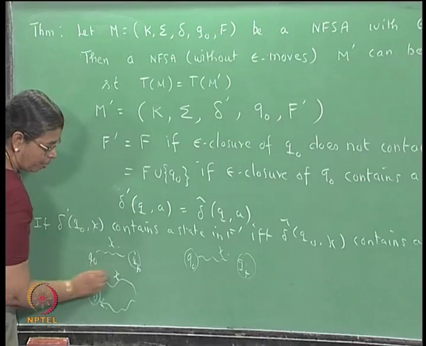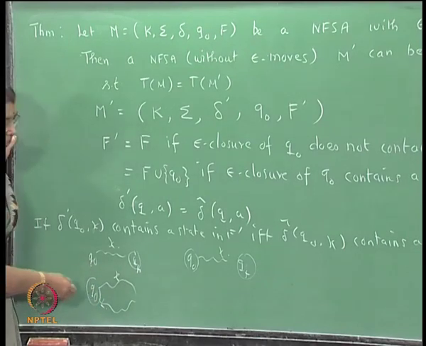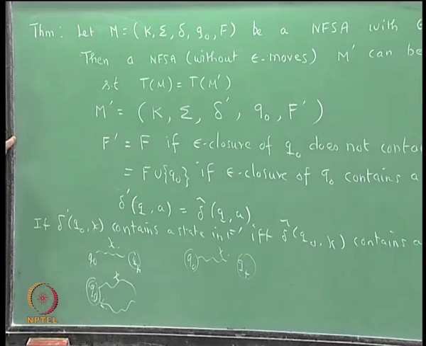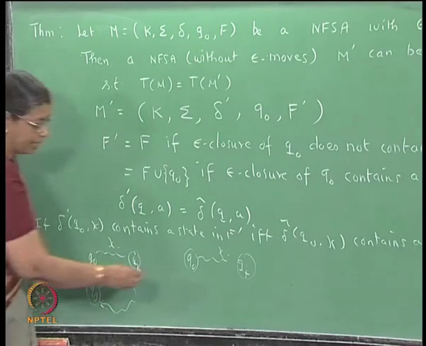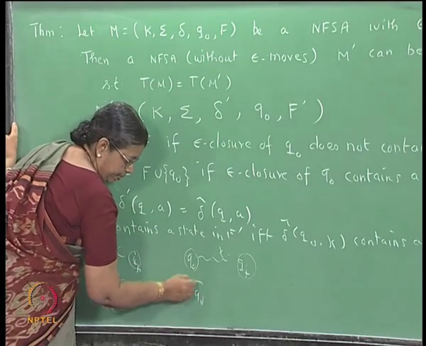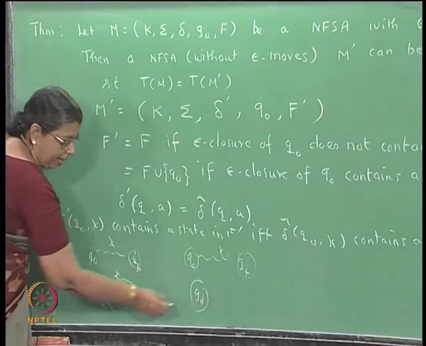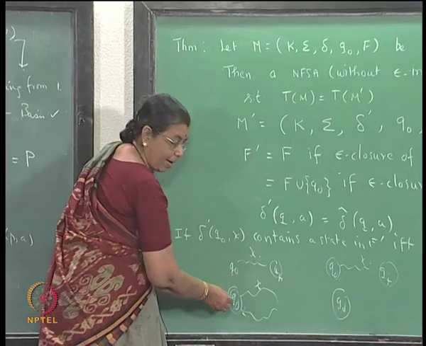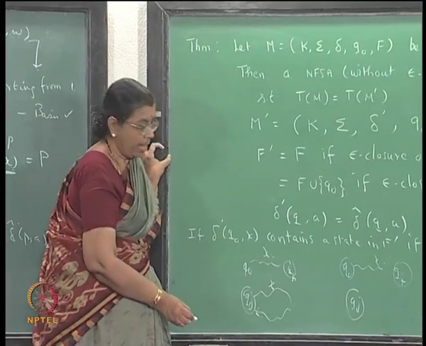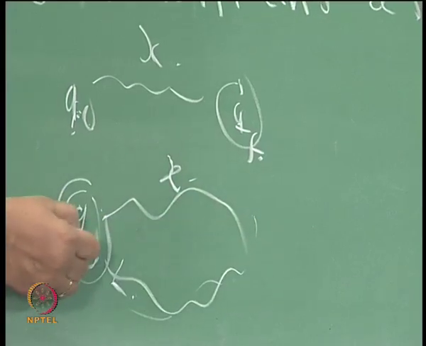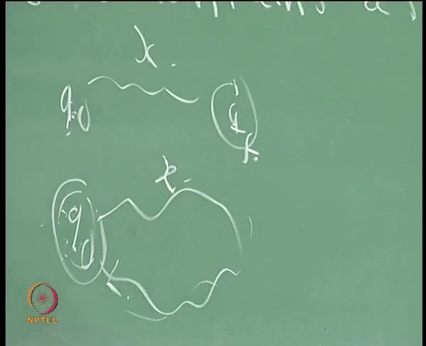The one difference is in this, if you accept a string x starting from q naught by going to q naught, and q naught has been made a final state because epsilon is accepted. q naught is a final state here. q naught is not a final state here, but q naught is a final state here. And a string x is accepted here by going from q naught to q naught.